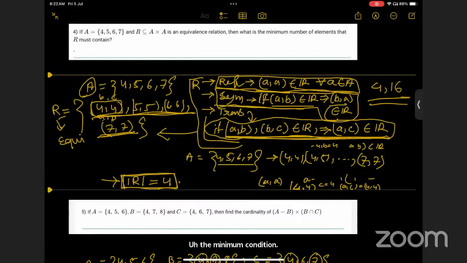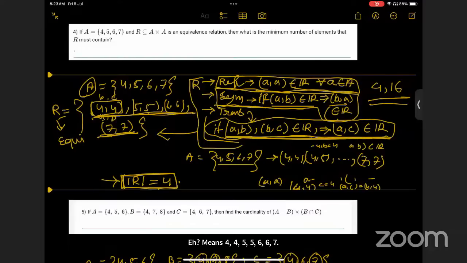May I intervene, madam, if you allow? We have to first understand that for equivalence, the relation has to be reflexive, symmetric, and transitive, right? What is reflexive? It will have all the elements of the form (a, a), that is 4, 4, 5, 5, 6, 6, 7, 7. So what madam did was first take the reflexive pairs, then she checked for symmetric.